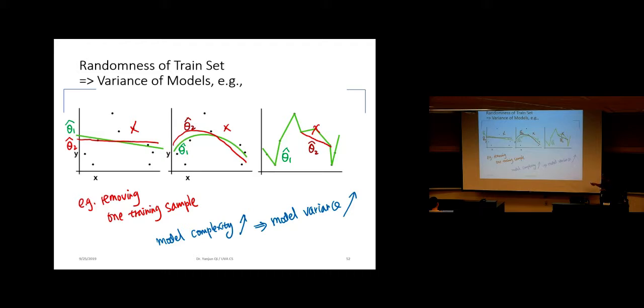In the linear case, if just one data point is not selected, as long as you have enough training data, your learning curve will not differ that much. So the more complex the model is, the more sensitive it is to the training data. What I'm trying to say is, when the model complexity increases, the model variance naturally increases.